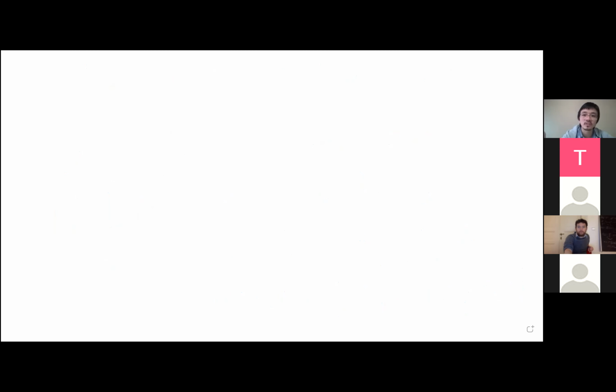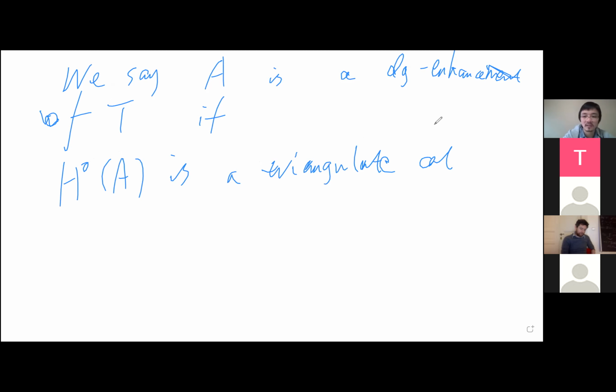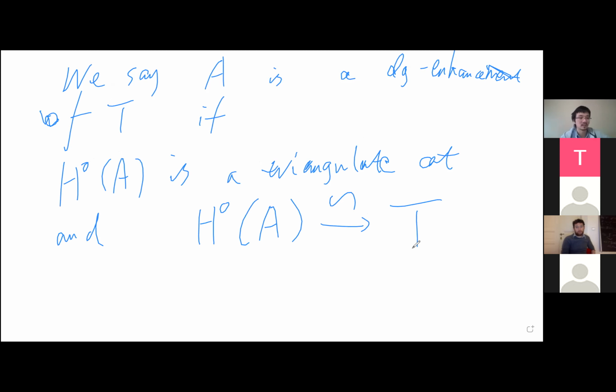Okay, so what is DG enhancement? We say A is a DG enhancement of T if H0A is a triangulated category and of course H0A is equivalent to T. That is DG enhancement.